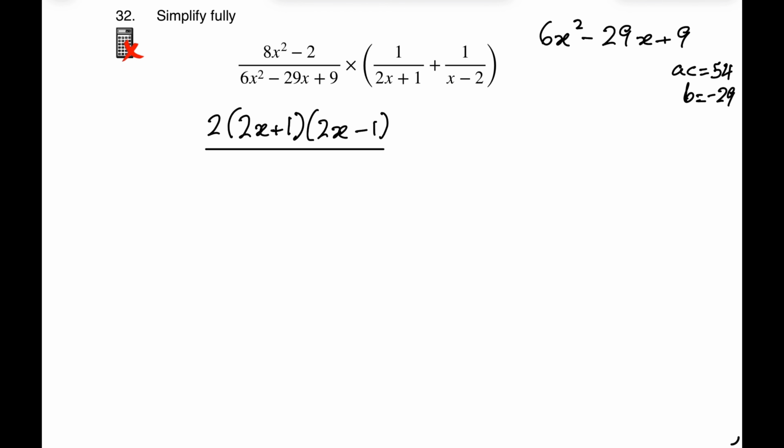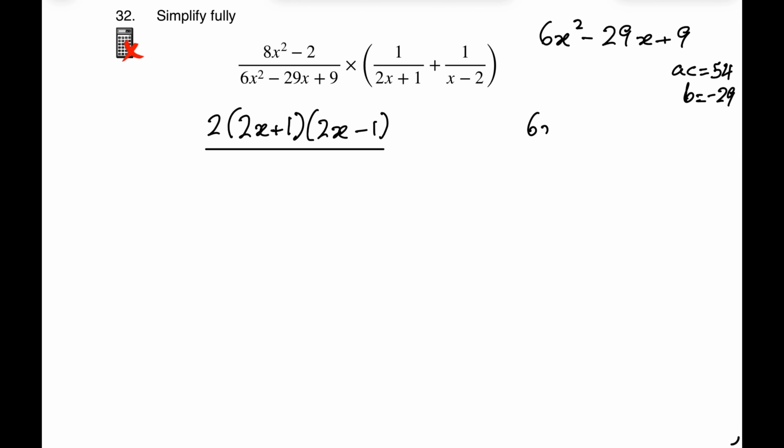So I need two numbers that multiply to give me 54 and add to give me negative 29. Well, 27 times 2 is 54, and if I make both of those negative, they add up to negative 29.